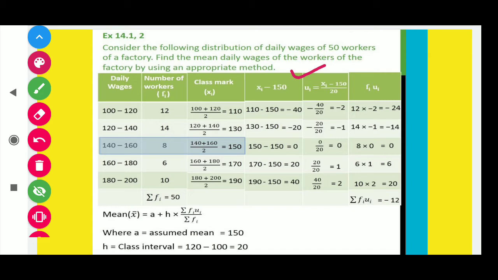Students, this year due to COVID, the step deviation method has been deleted by the CBSE, but for your knowledge, that's why I am explaining this method as well.